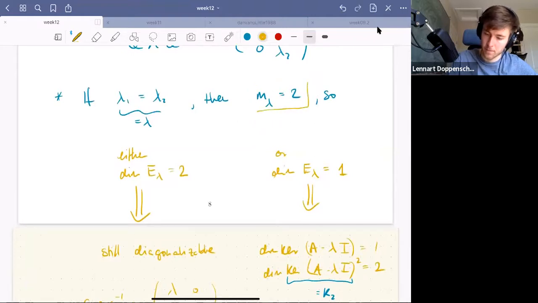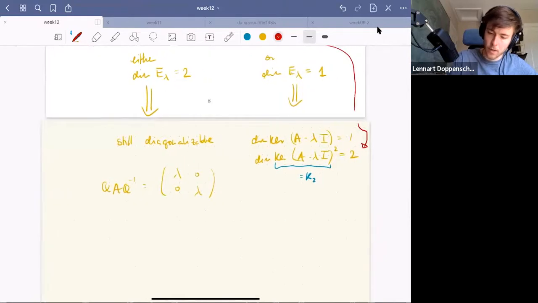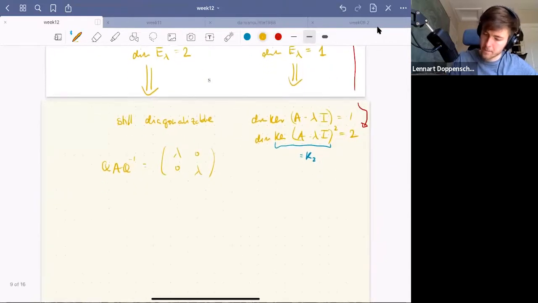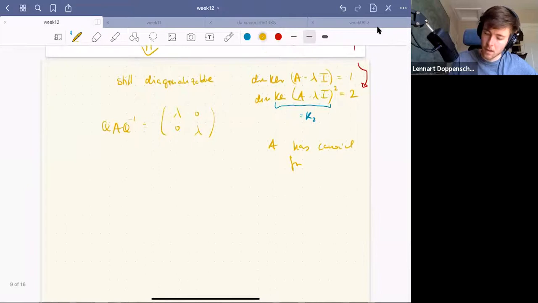So then we know that A has canonical form with lambda on the diagonal and a 1, because we have 1.